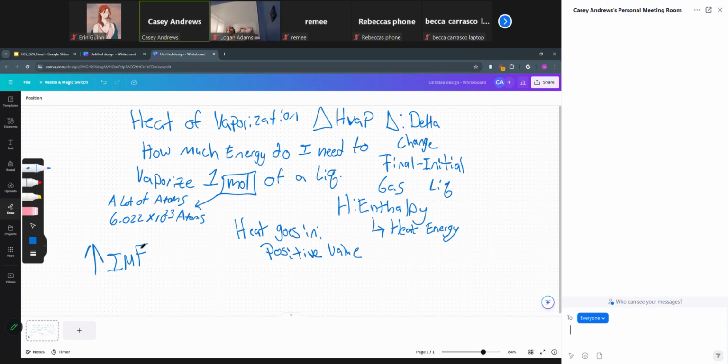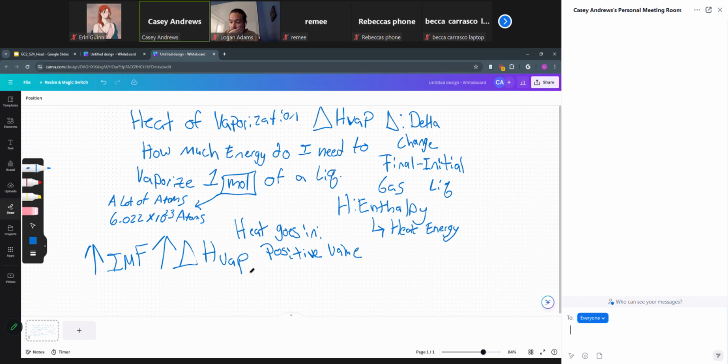So is heat of vaporization higher or lower for things with strong intermolecular forces? High. You got it. That's the logic we follow. The higher the intermolecular forces, the higher the value of delta H vaporization, the more energy I need to put in to vaporize something.